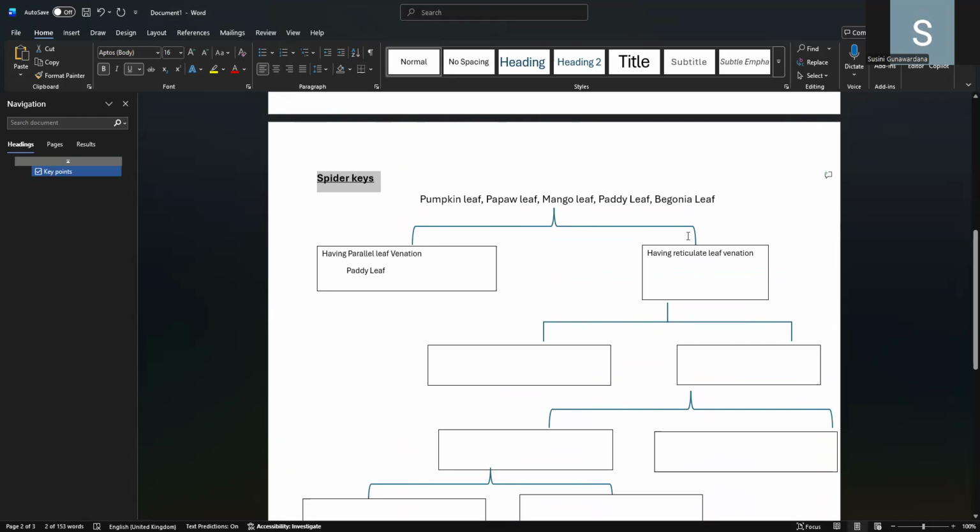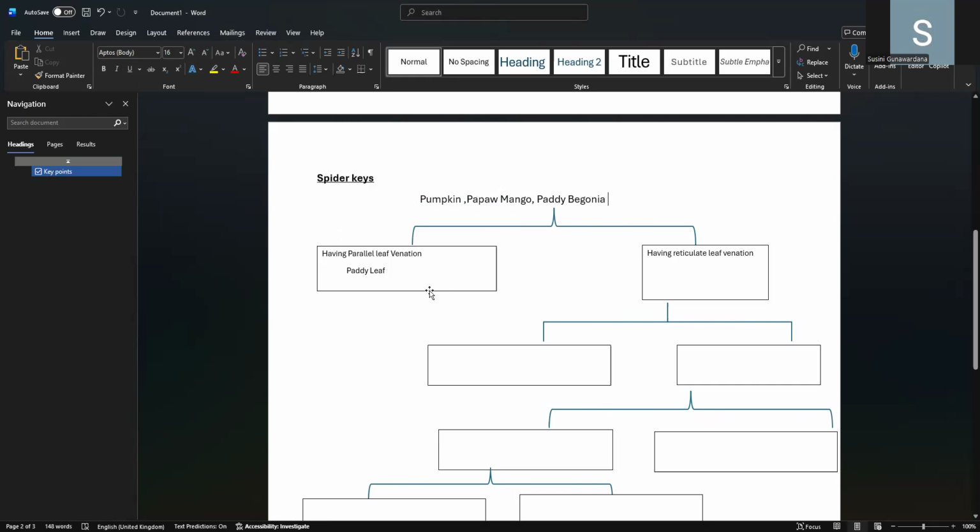These are considered the legs of a spider, right? So we call them spider keys. Basically, here I have taken some examples of plants. I have given you pumpkin. Yeah, there is a mistake. It's not leaf. We'll take it as pumpkin, apple, mango, and paddy. And also there is a begonia.